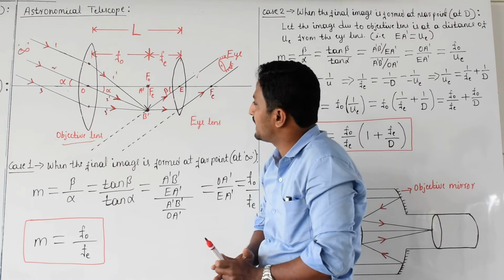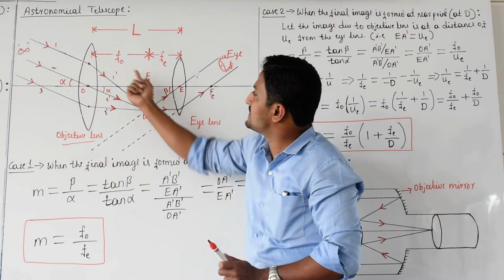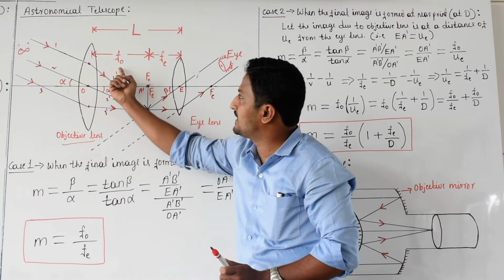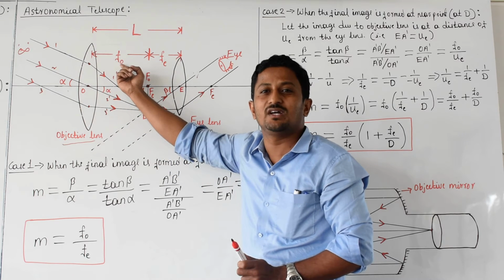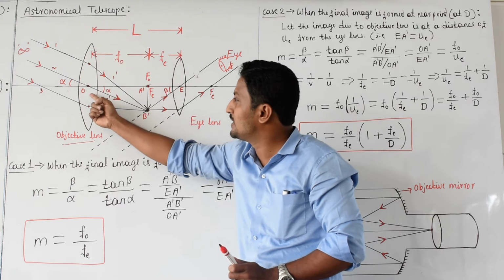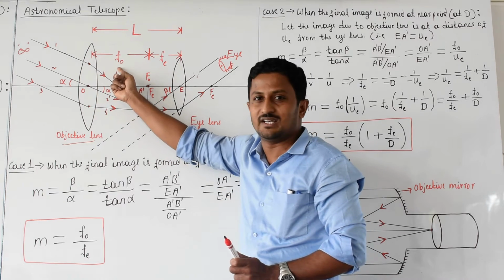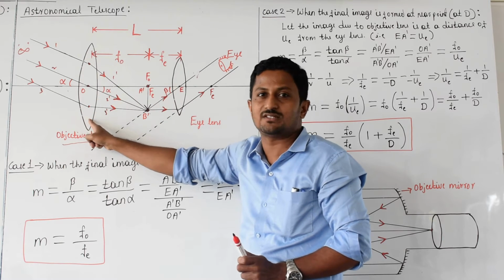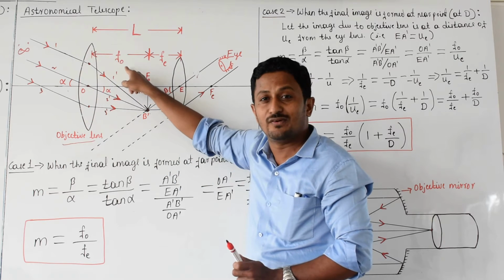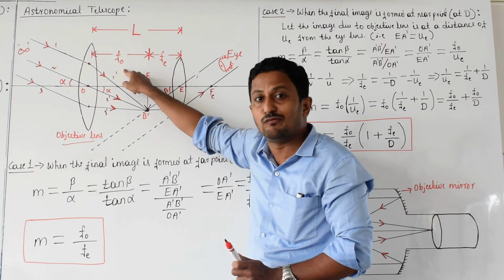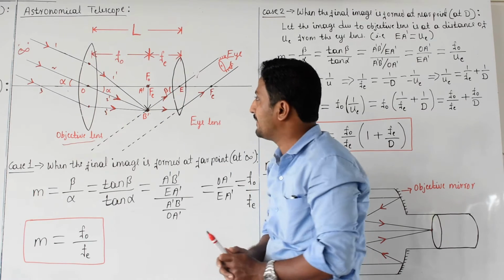Now look here. This distance, FO to the optical center, we have to treat as the focal length. The distance between the optical center and the principal focus is called the focal length of the objective lens. So I mentioned it as f subscript O, small f.